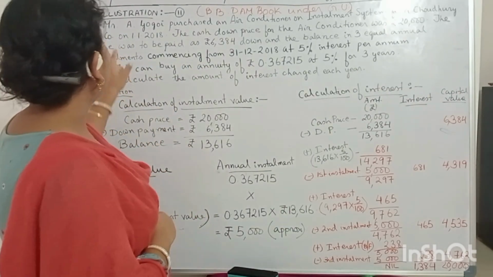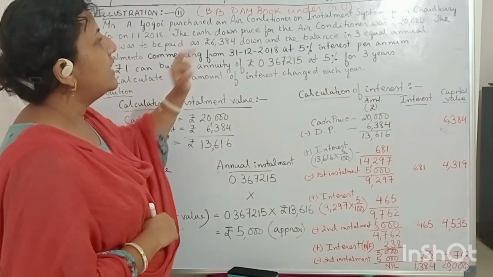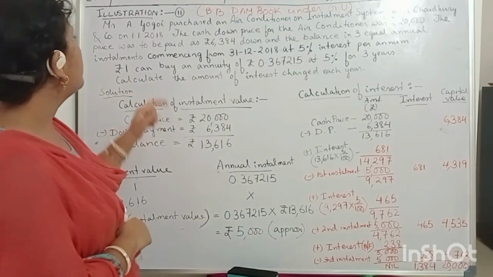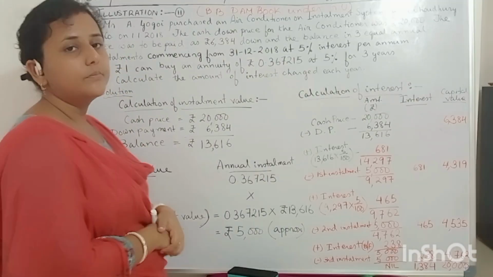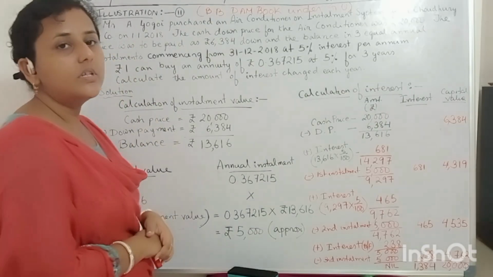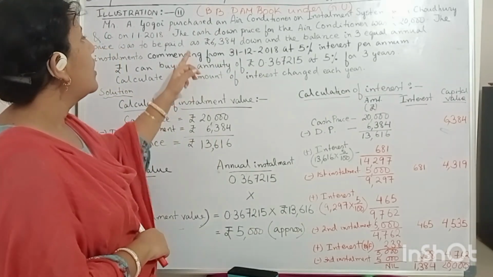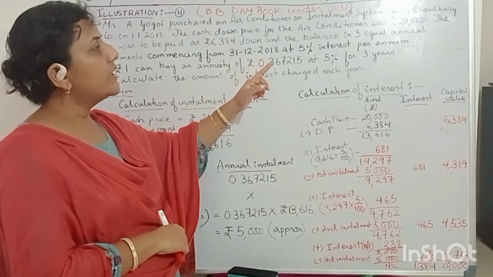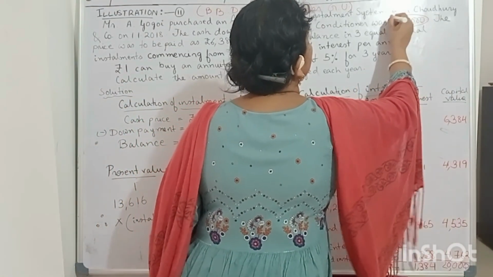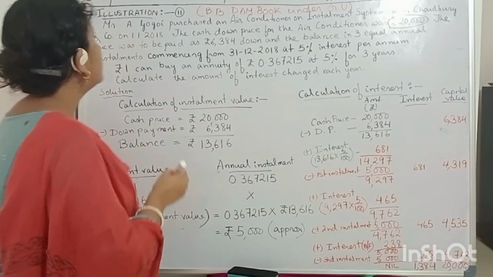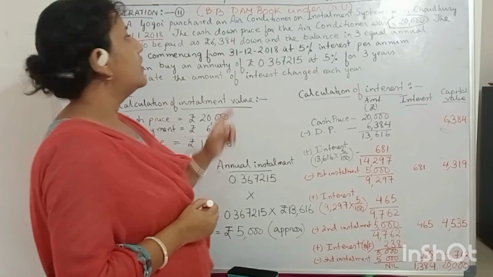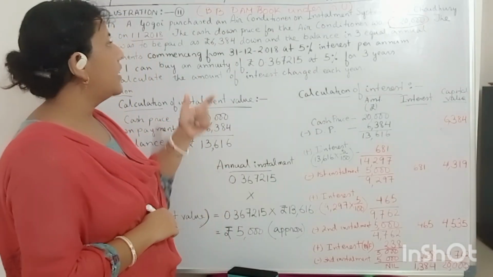You see, Mr. A. Gogoi purchased an air conditioner on installment system from Chaudhary and Company on 1/1/2018. So the asset was purchased on 1st of January 2018. The cash down price for the air conditioner was ₹20,000. So ₹20,000 is the cash price of the asset.